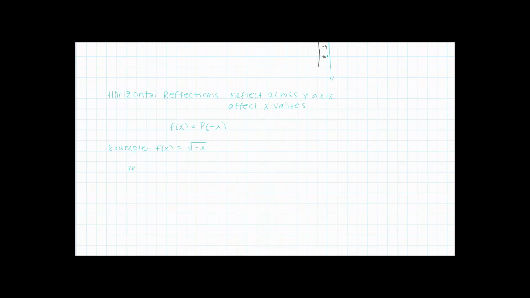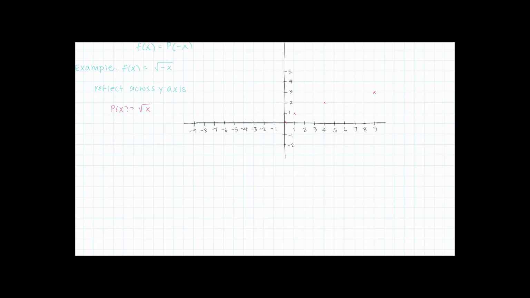So this is going to reflect across the y-axis, and it's going to make all of our x values negative. We know that our parent function here is the square root of x. So why don't you take a second and graph the parent function. Okay, so I see here that I have my parent function graphed at 0, 0, 1, 1, 4, 2, and 9, 3.